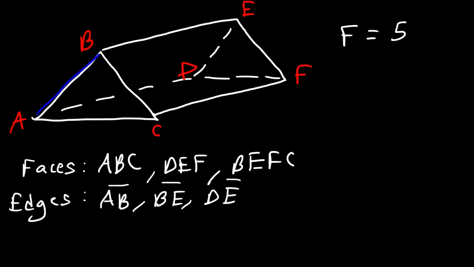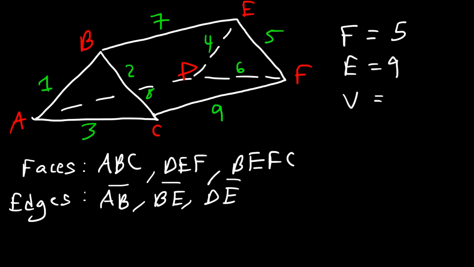So AB is 1, BC is 2, AC is 3. DE is 4, EF is 5, DF is 6. BE is 7, AD is 8, CF is 9. So I calculated a total of 9 edges.